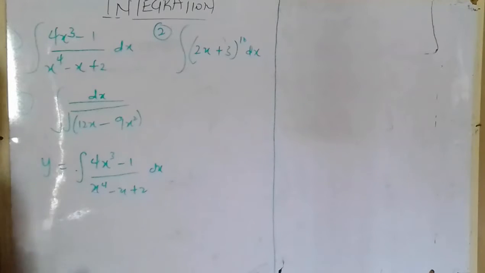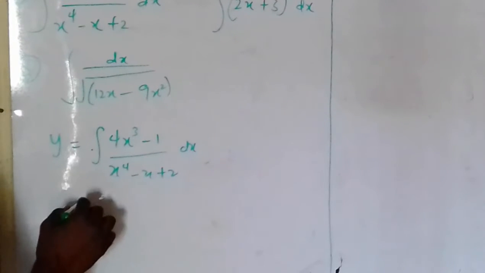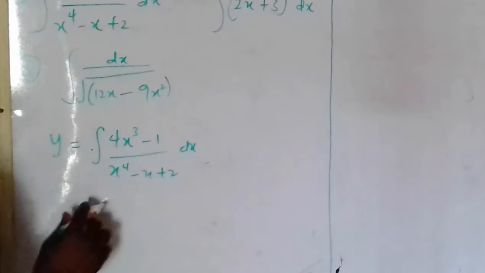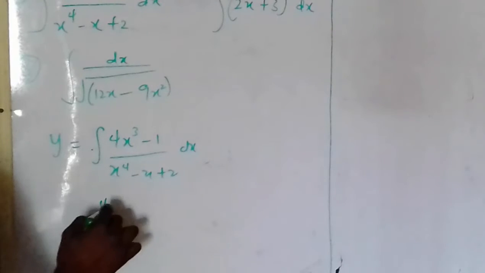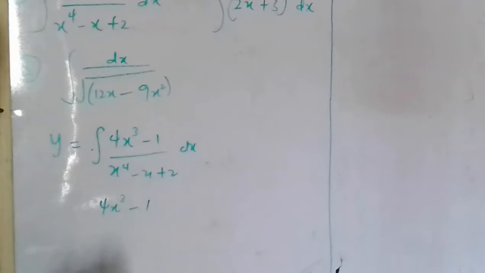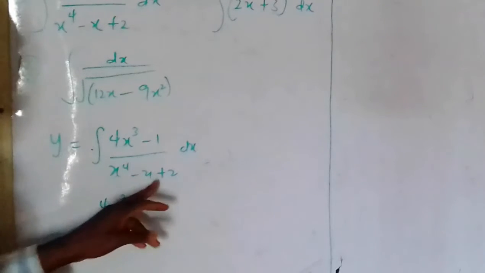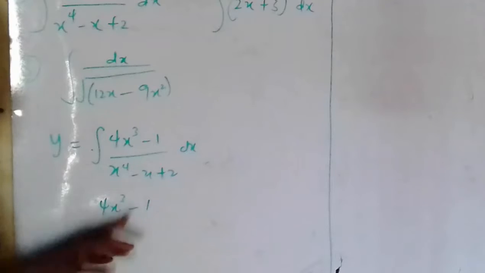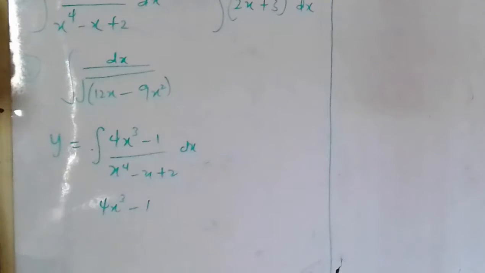On differentiating our denominator, we have 4x to power 3 minus 1. Differentiating 2 here is 0. So the derivative of the denominator is 4x cubed minus 1, which is the same thing as our numerator.